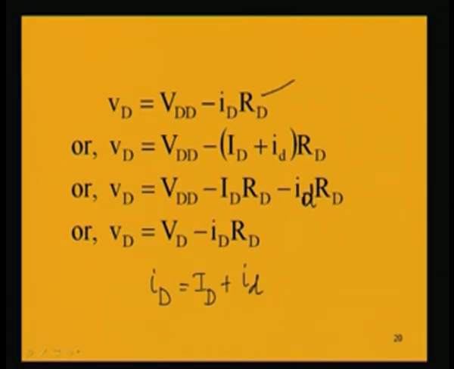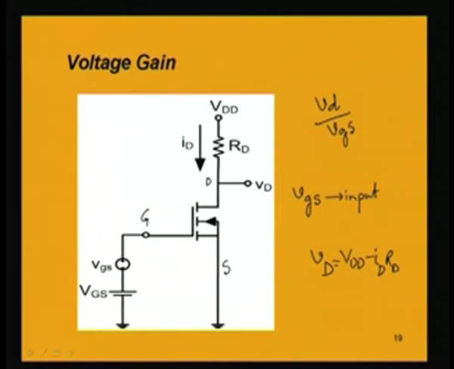Now, we note this term V_DD minus capital I_D R_d. This term is nothing but capital V_D, because if we consider the DC quantity only, the drop V_DD minus I_D into R_d will give you the DC drop.